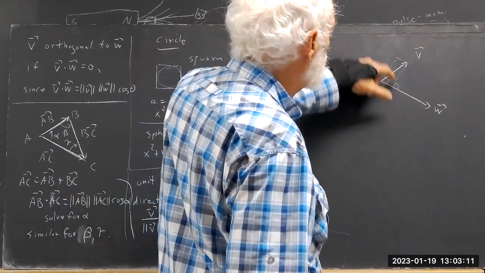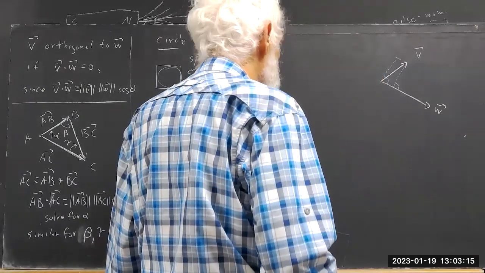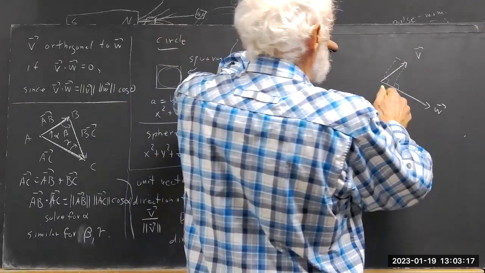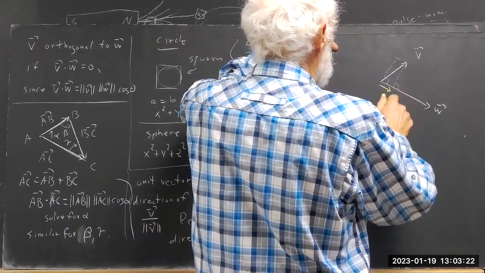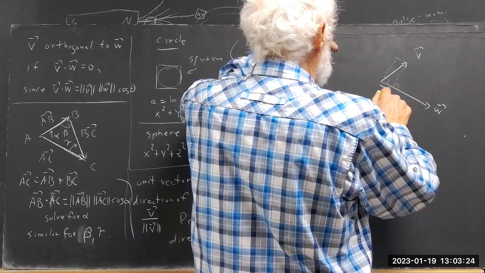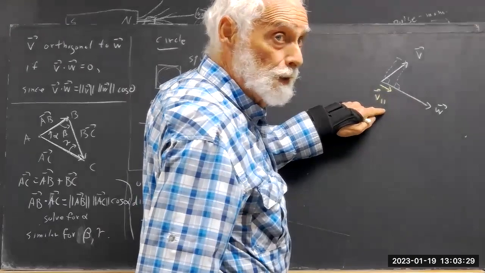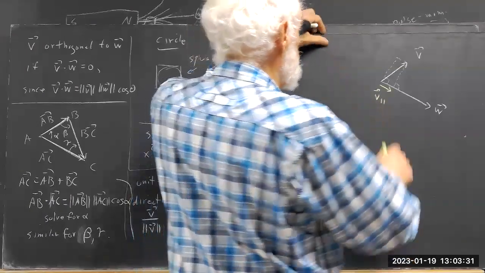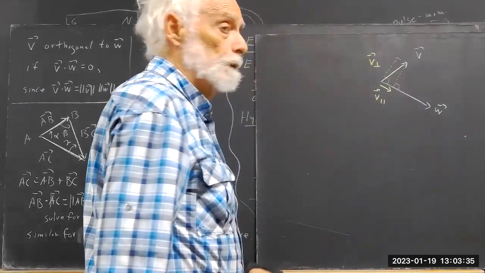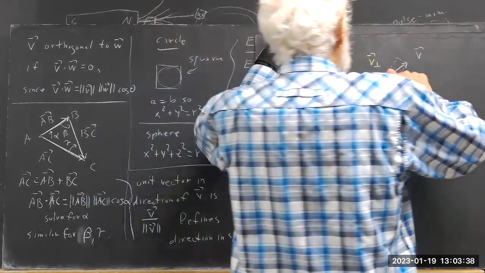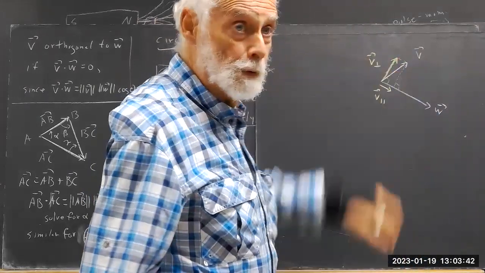Sum of 2 vectors at right angles. I'll call them B parallel. That's not an 11, that's a parallel symbol. And B perpendicular, which will be here. Now you know enough that the sum of these is equal to B.